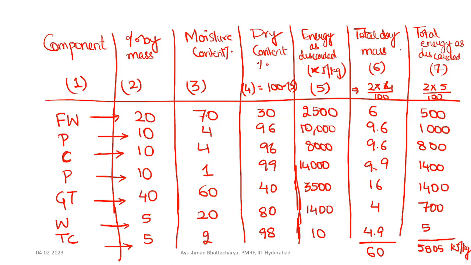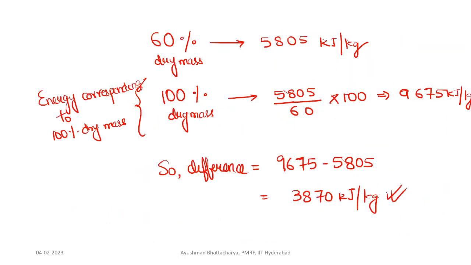For 60% dry mass, the total energy as discarded was 5805. Using the unitary method, the energy corresponding to 100% dry mass came out to be 9675.